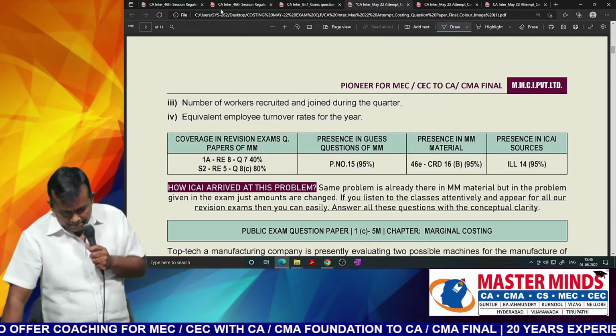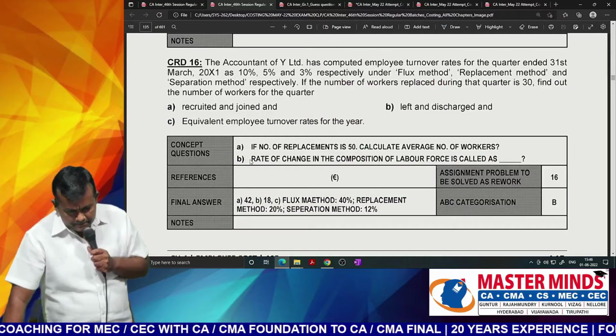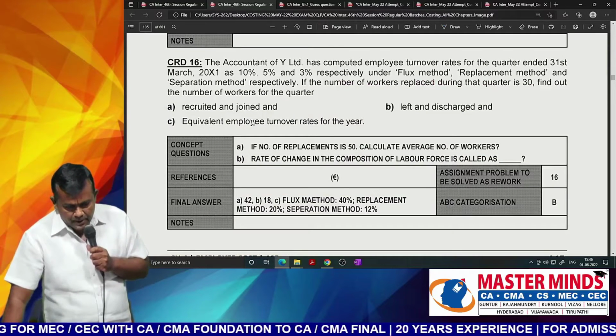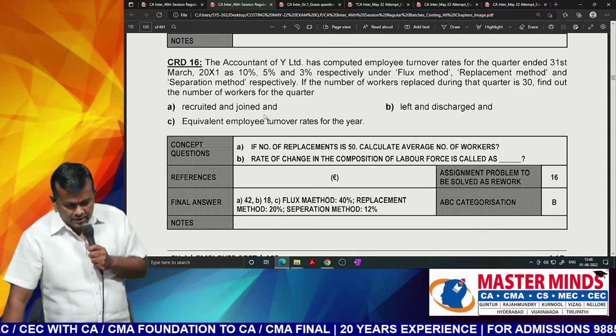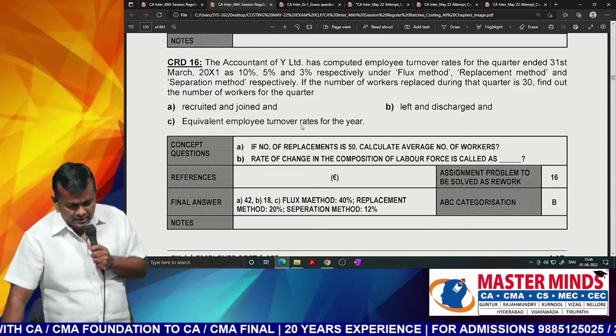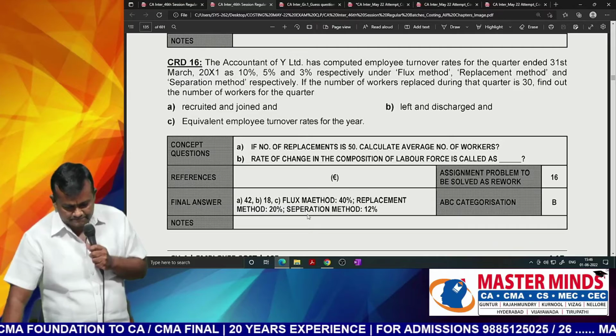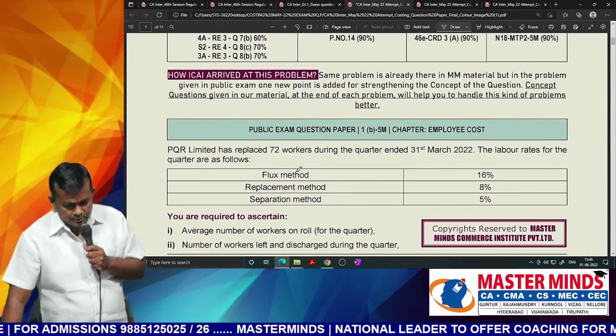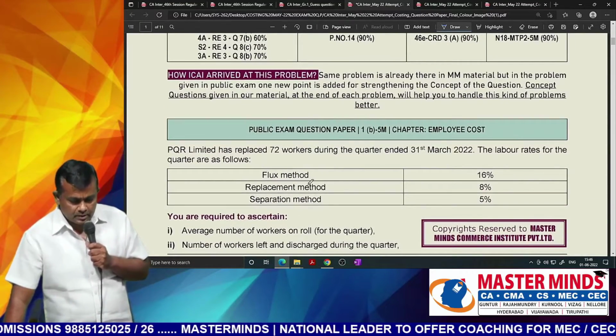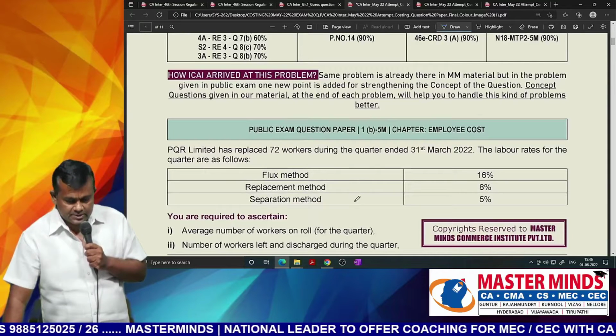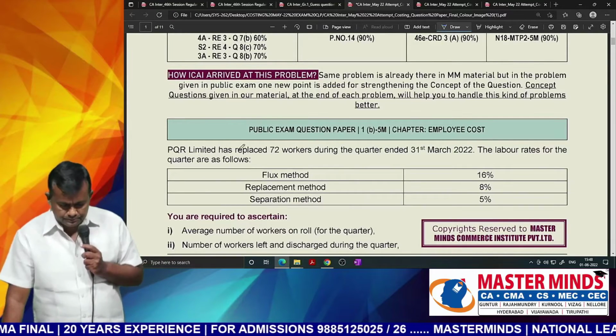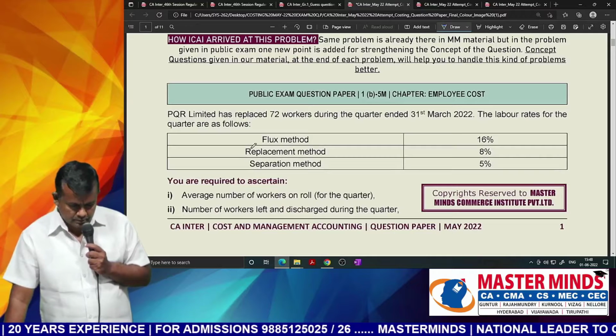So first, recruited and joined, left and discharge, equivalent employee turnover rates for the year. Here also the accountant had already calculated labor turnover rates. Okay, sir.